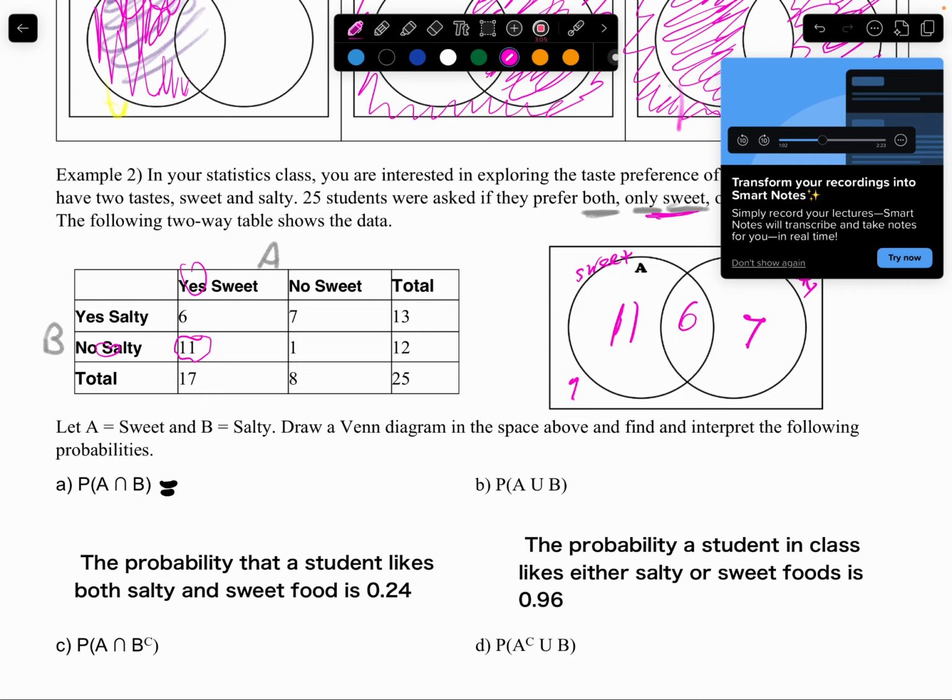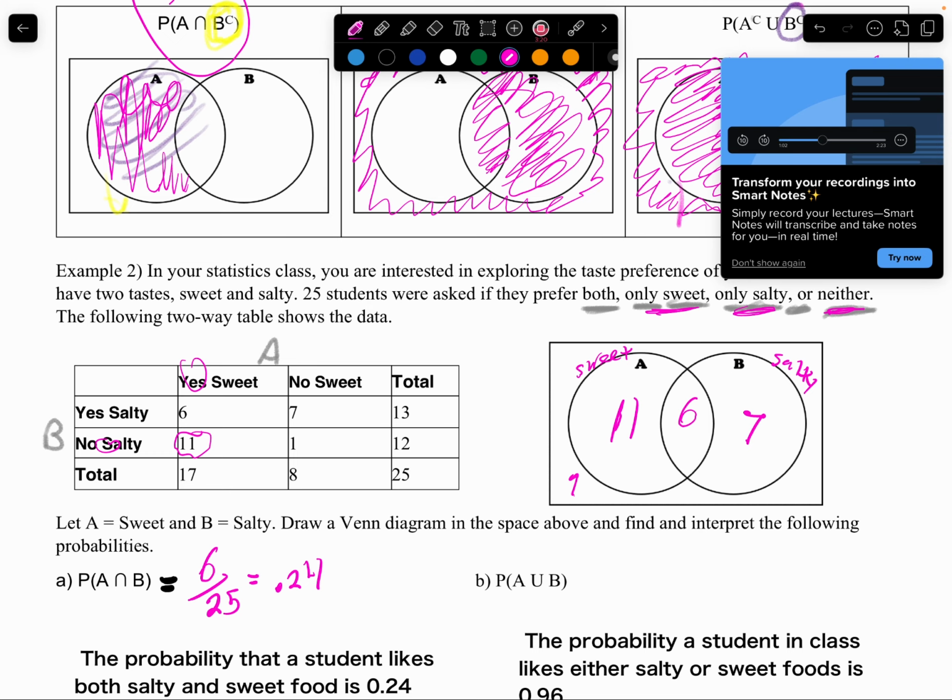Okay. The probability that both happen is 6. It's in the middle of both circles. That is about 0.24. The probability that either one happens, okay, so that's the 11 plus 6 plus 7, and then we divide it by the 25.